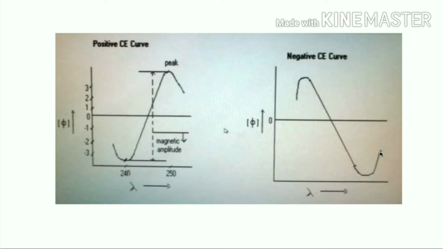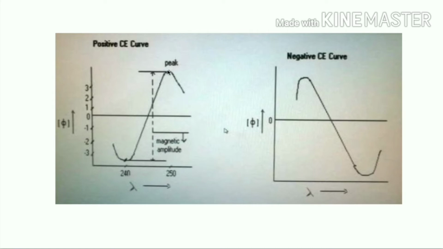So rotation magnitude first decreases and then increases. So in the y-axis we are going to take rotation, and along the x-axis we are going to take wavelength. So in the positive Cotton effect curve, we are going to get first an increase in the magnitude of rotation followed by a decrease. So this is called the peak and this is the trough.